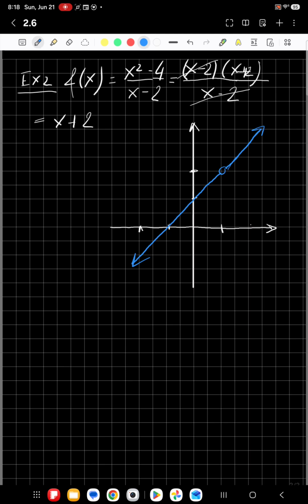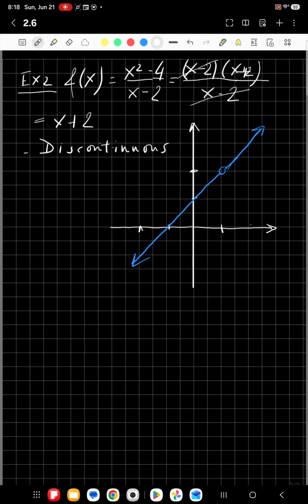And now, let's write our conclusions. So the function is discontinuous. Again, forgive me the spelling.